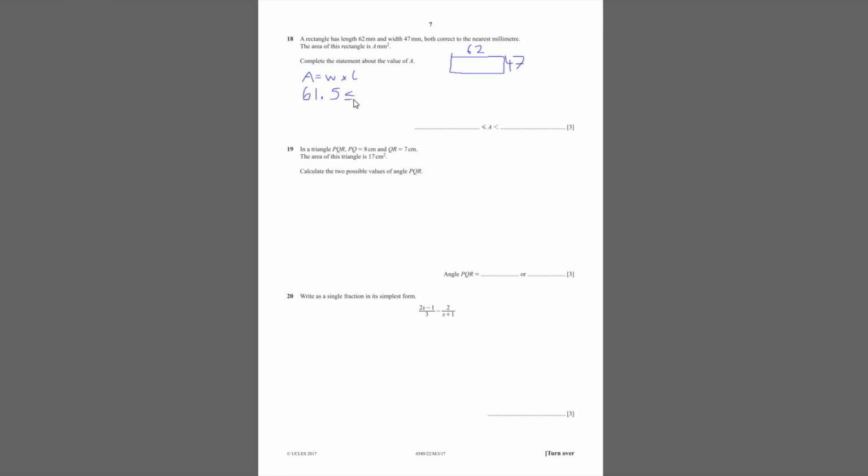is less than or equal to the length, which is 62, and it is also less than 62.5. The reason we've chosen these values is that 61.5 can round up to 62, and since it has to be less than 62.5, it'll always round down to 62, which means they are both equal to 62.